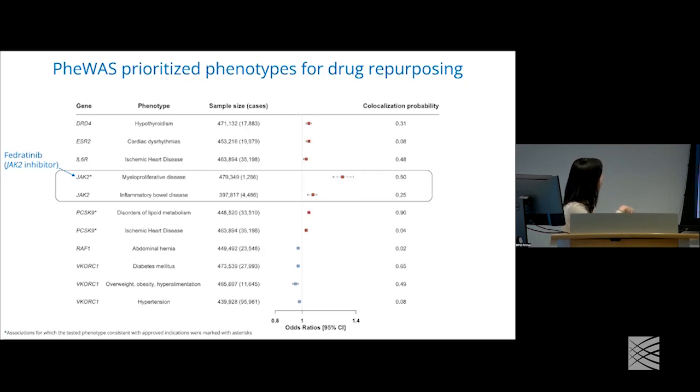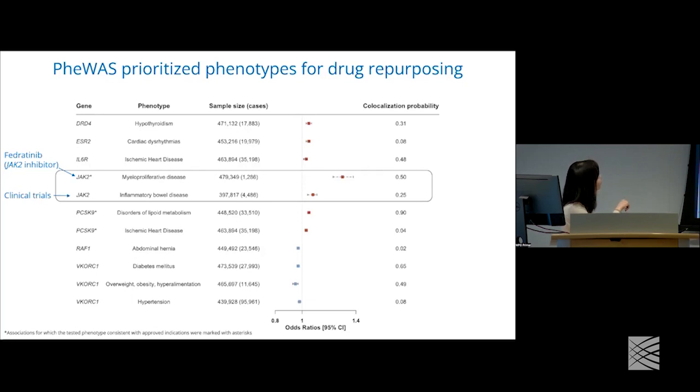And the JAK2 expression is also significantly associated with inflammatory bowel disease risk, which is not an approved indication for this medication. But this signal is supported by previous literature and ongoing clinical trials. So we think this may be a signal that can be a potential drug repurposing opportunity.